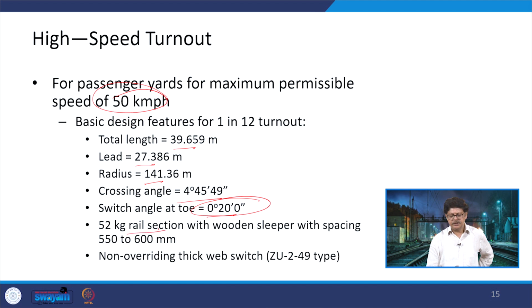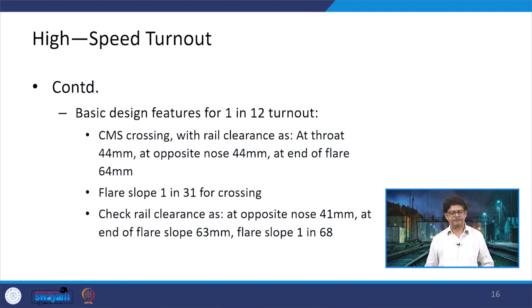And 52 kg rail section with the wooden sleepers having a spacing of 550 to 600 mm is what we are using. The non-overriding thick web switch of JAD U249 type should be a part of this design.